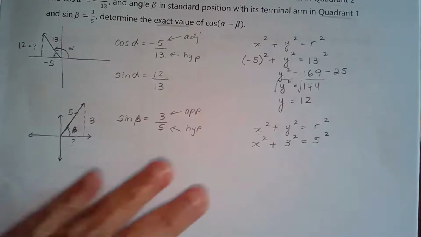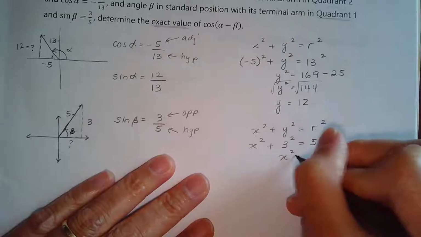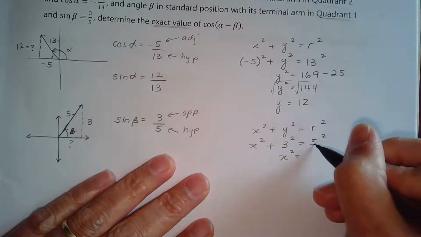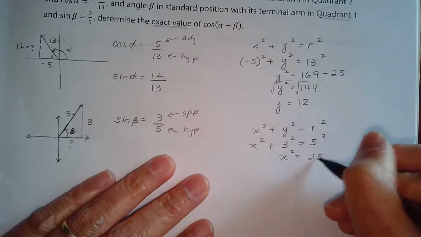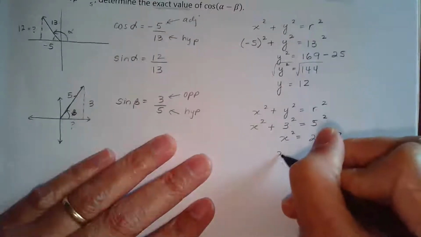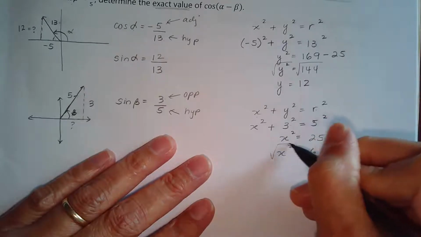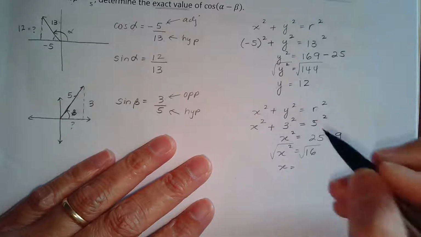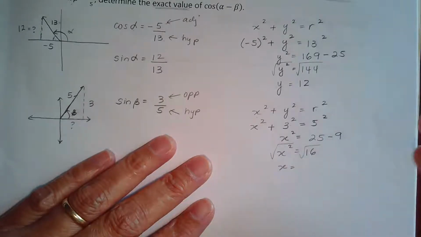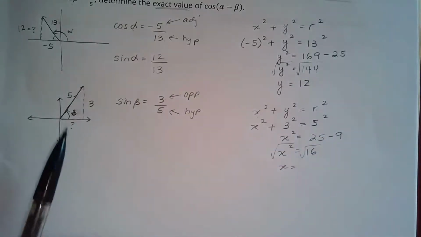And then, of course, we can solve for x. So x squared equals 5 squared minus 3 squared. That's 25 minus 9, so x squared equals 16. Now we're going to take the square root. The square root of 16 should be plus or minus 4, but we have to figure out which one it is.